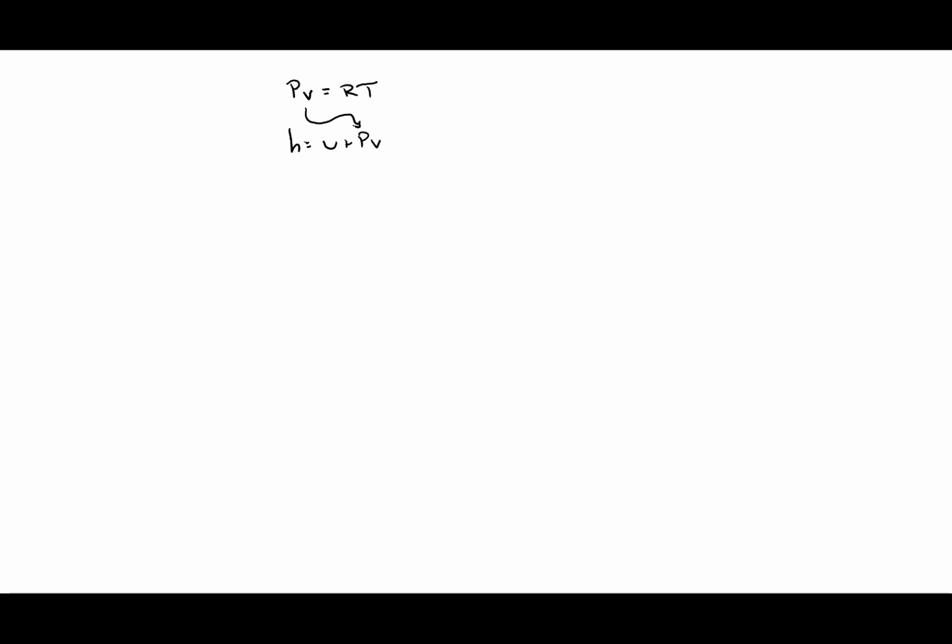We can replace PV with RT, for an ideal gas. So the enthalpy is equal to U plus RT. Then we can differentiate this, so dH is equal to dU plus R dT.